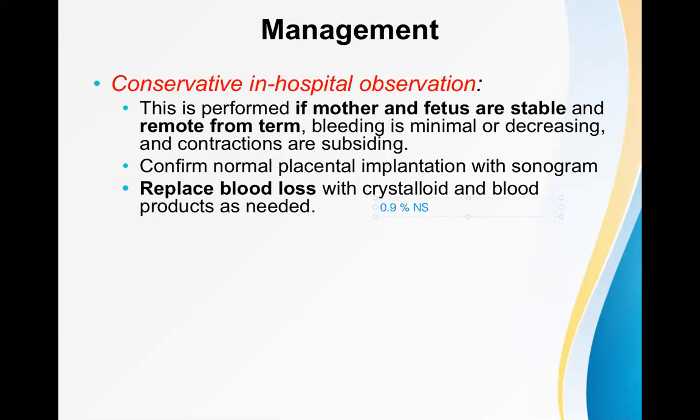Normal saline means it is 0.9%, and lactated Ringer, or you can also call it Ringer lactate. These are the two very commonly used crystalloids in the hospital. Okay, never forget them. We always start with this type of fluid, and later on, if there is excessive blood loss, we'll replace the blood. So these are called conservative in-hospital observation as well as management.